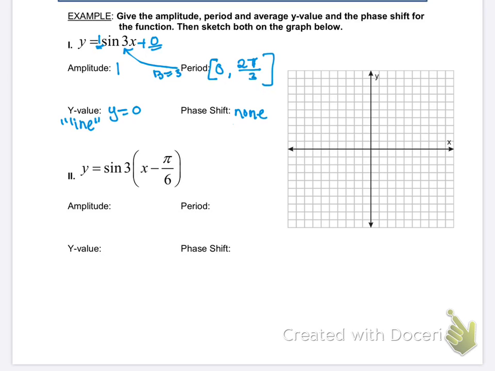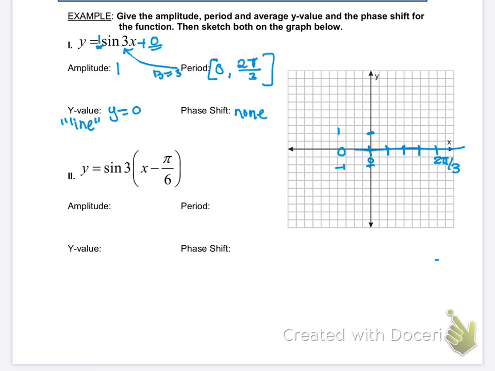Okay, so now in blue, I'm drawing this function here. So my line is 0, my max is 1, my min is -1, and then to do the lines, 1, 2, 3, 4, 5. I know it ends at 2 pi over 3 and starts at 0.